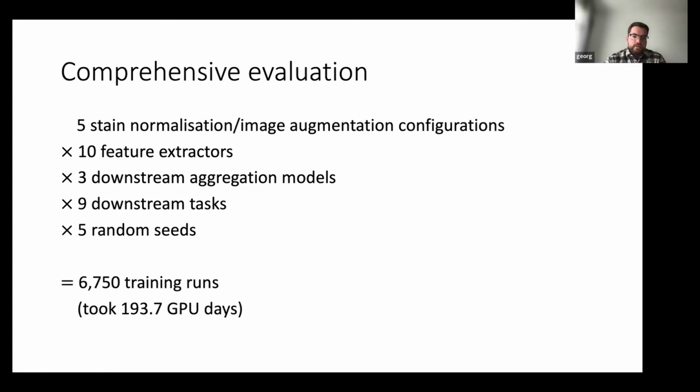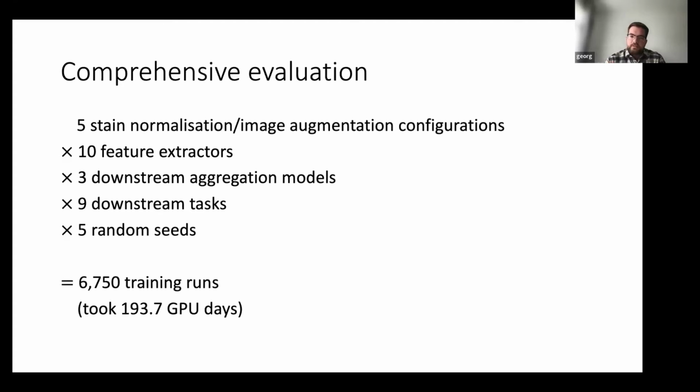So we looked at performing no normalization or augmentation. We looked at using patchwise or slide-wise stain normalization. We looked at using only rotation augmentations, and we looked at using randomly any of the augmentations. This is all during training of the downstream weakly supervised model.